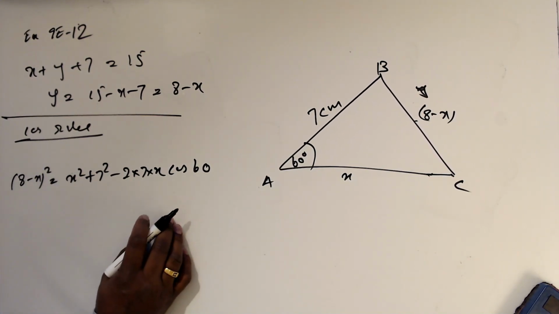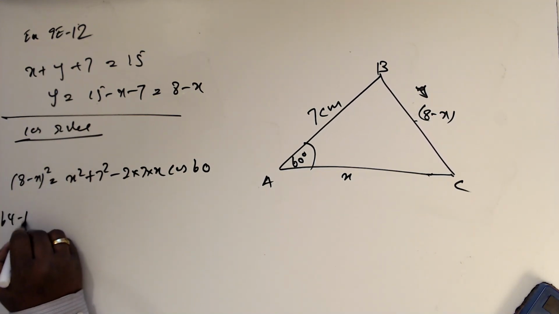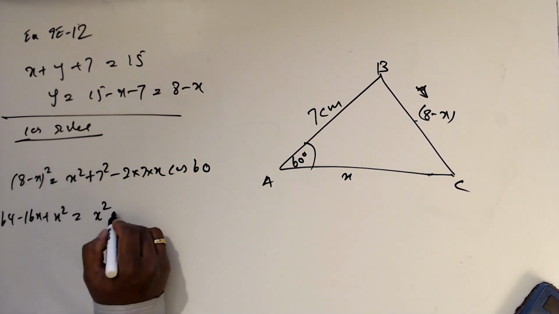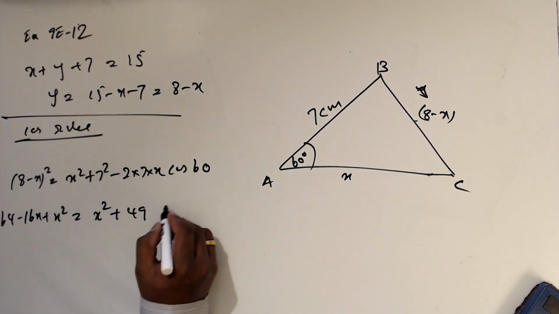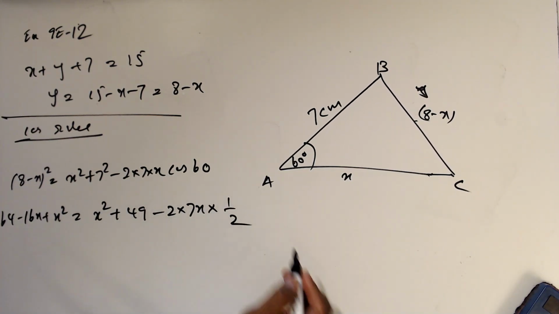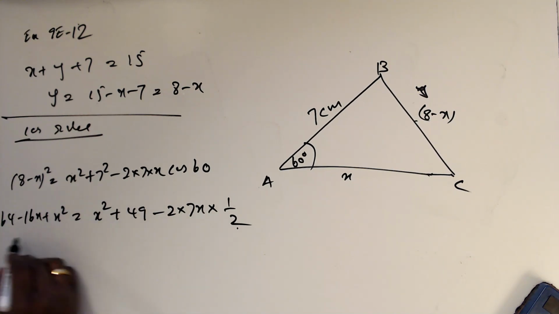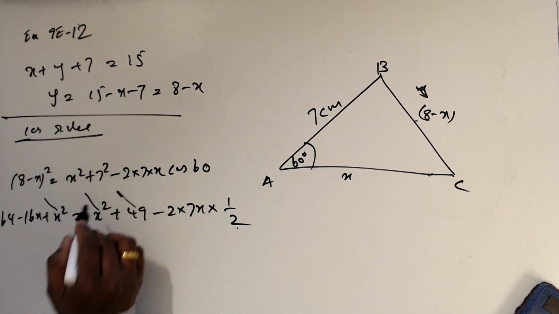We'll solve now. This is going to be 64 minus 8 times 2, 16x, plus x squared, plus this is x squared plus 7 squared, 49. This is 2 times 7x. Cos 60 is half, so this half and this 2 cancel out. This x squared cancels out with this one.